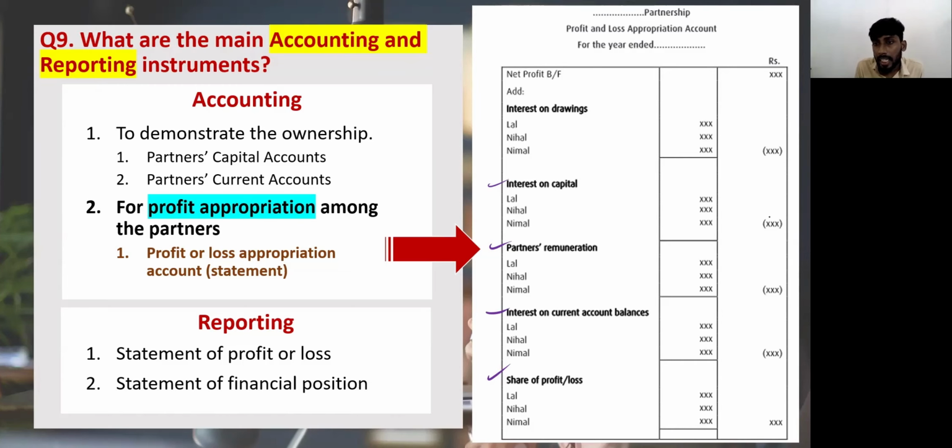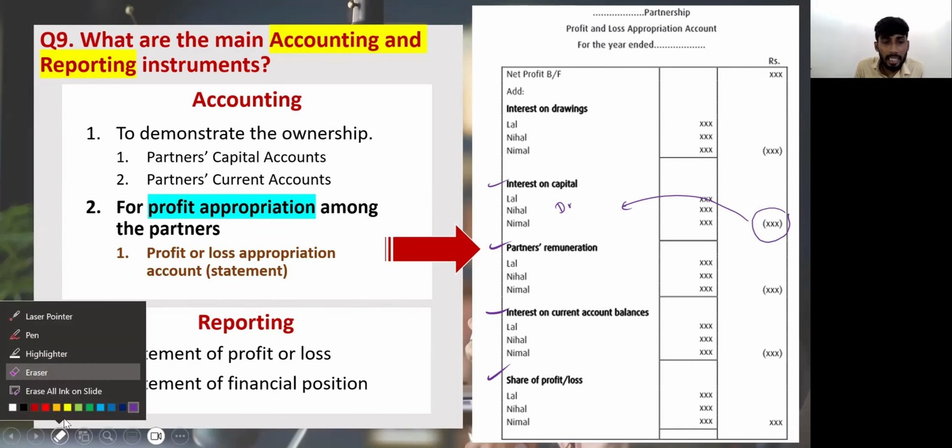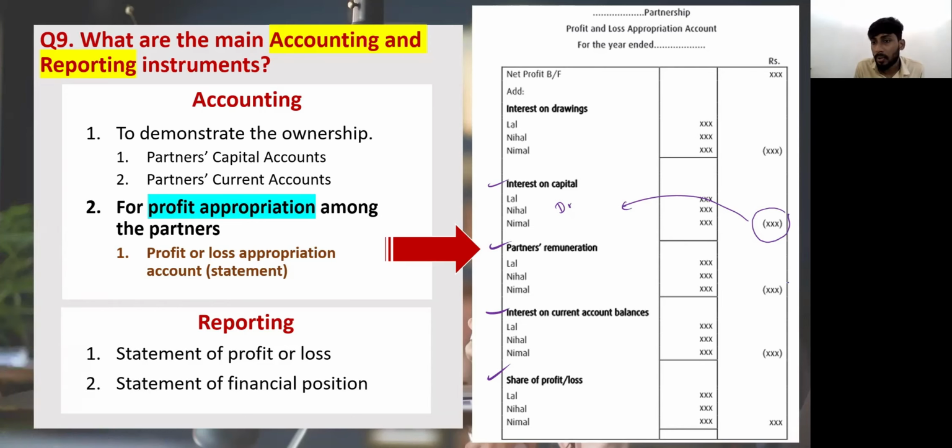Okay, here if it is a minus, here if it is a deduction, then the transaction goes as debit to profit or loss appropriation, credit to current account. So all the minuses we record here will be a debit to the profit or loss appropriation account.